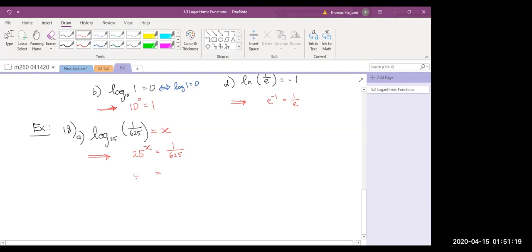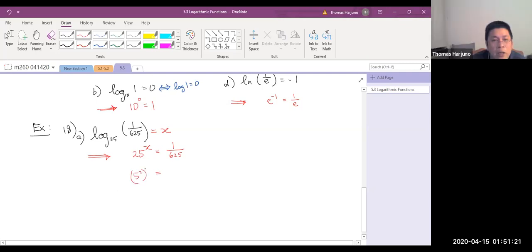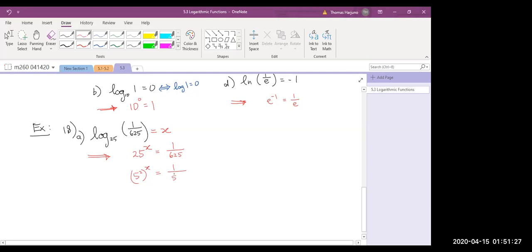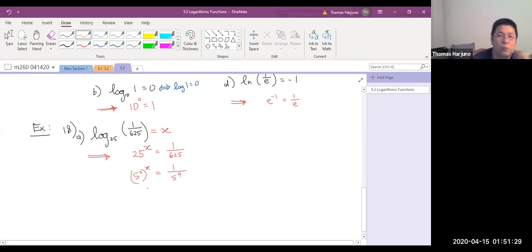So this is 5 squared to the x. And 625 is 5 to what? The 4 or something? That's right, 5 to the 4th. So 5 to the 2x equals 5 to the negative 4.